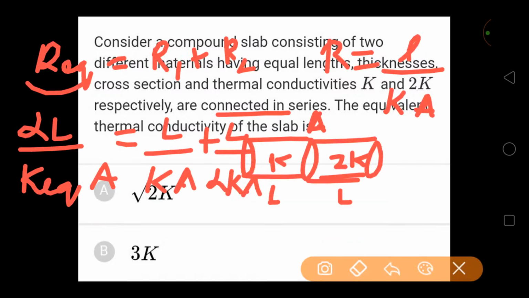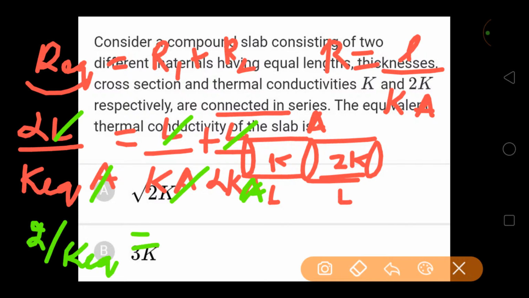Area is same A. So remove L and A. We get 2 by K equivalent is equal to 1 by K plus 1 by 2K.